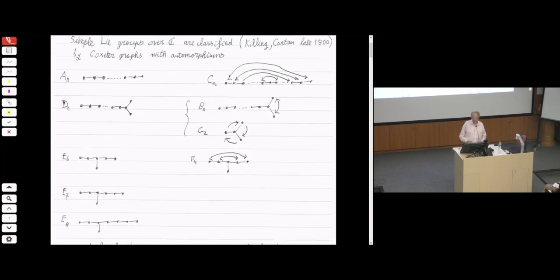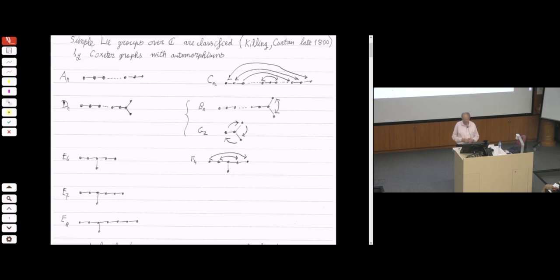And actually, they all have an affine analog. So there is an affine type A, affine type D, etc. And then there's a larger picture which are so-called affine Cartan matrices.